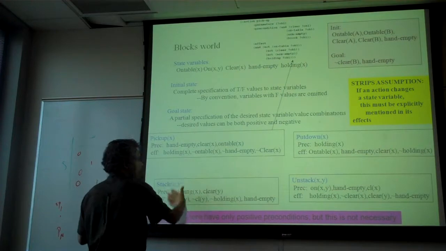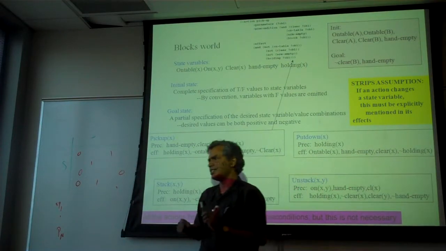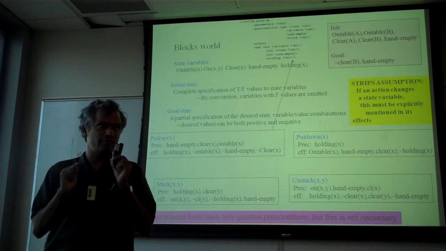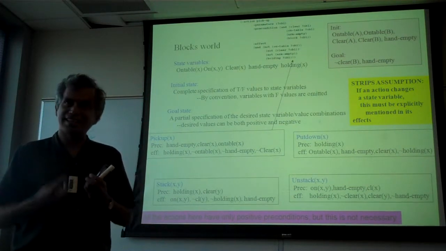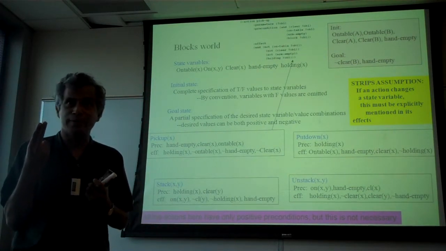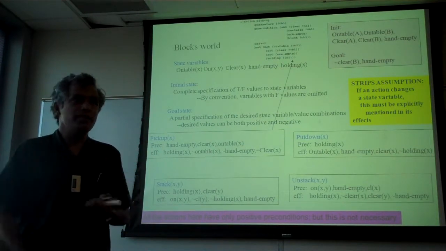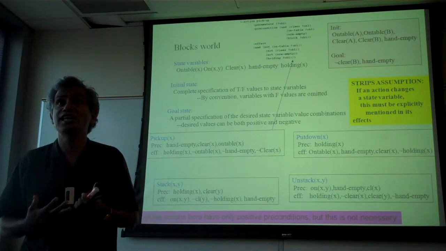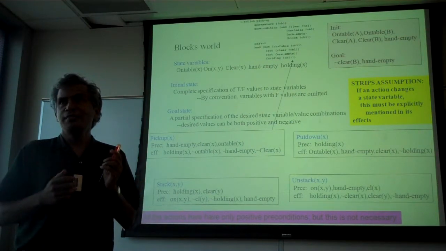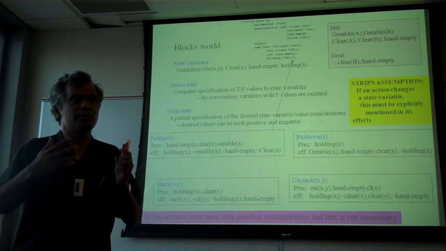Now, it turned out in all these actions, the preconditions were all, quote unquote, positive. For the propositional case, it's basically Boolean variables, and for a Boolean variable there are two values. There is no real reason to believe that one value is somehow better than the other, but somehow we tend to think true is better than false.